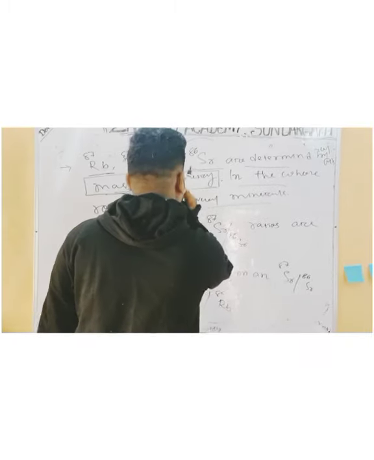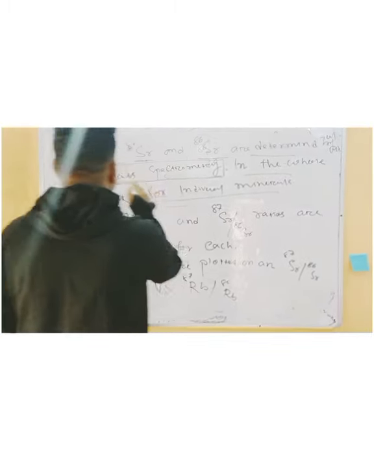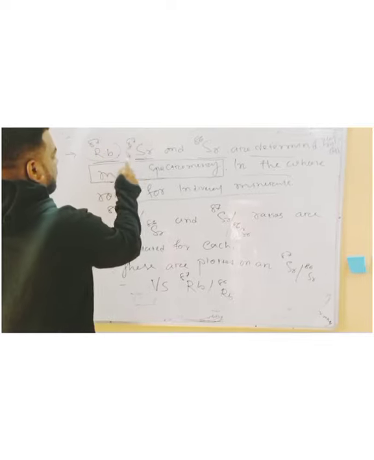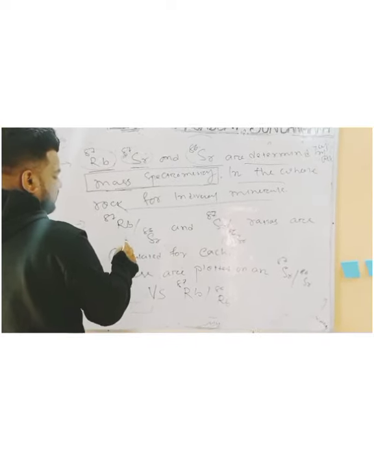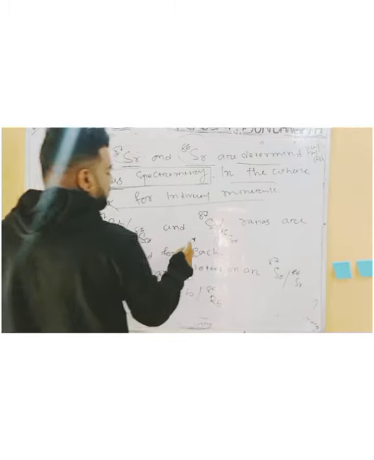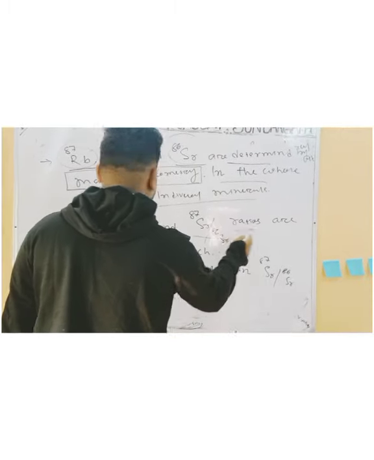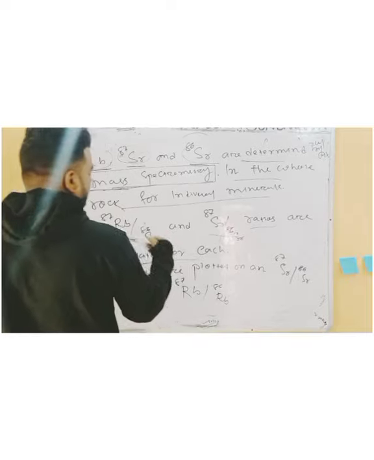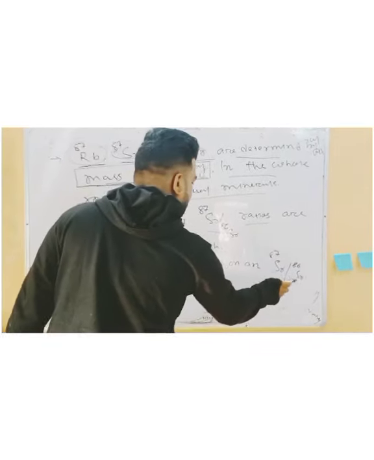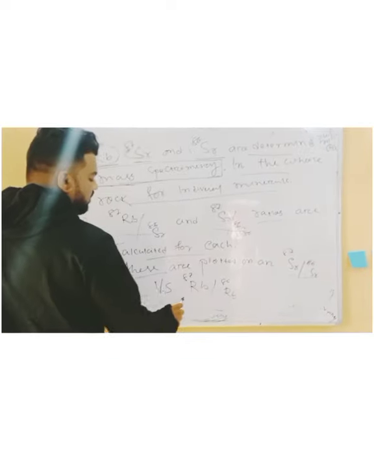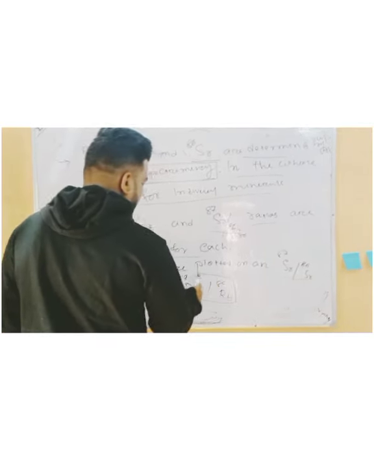Rubidium-87 by strontium-86 and strontium-87 by strontium-86 ratios are calculated and plotted on a strontium-87 by strontium-86 versus rubidium-87 by strontium-86 diagram.